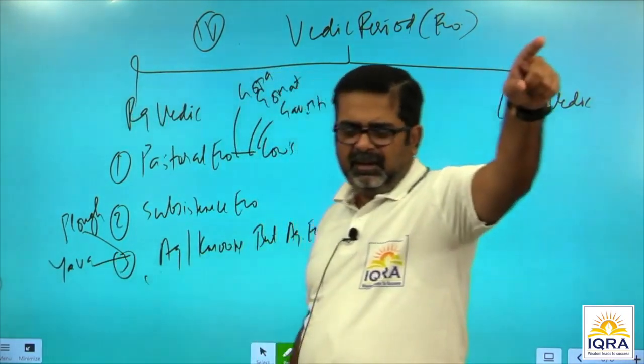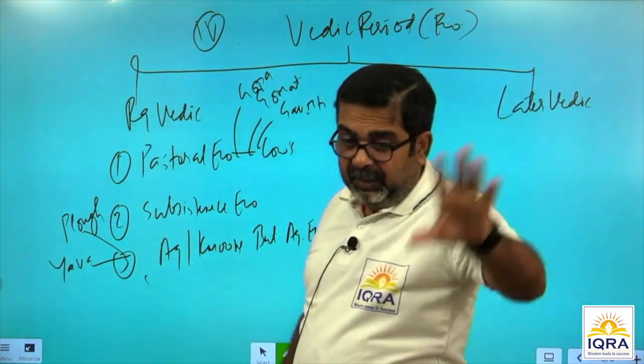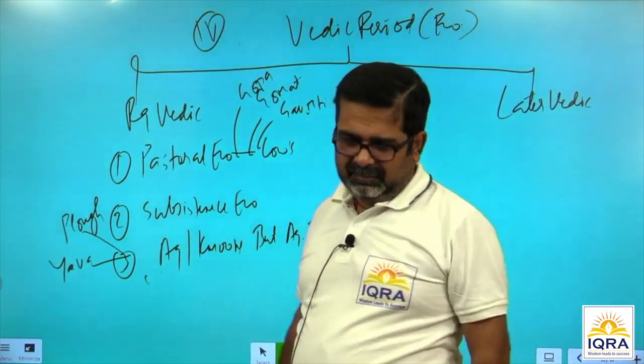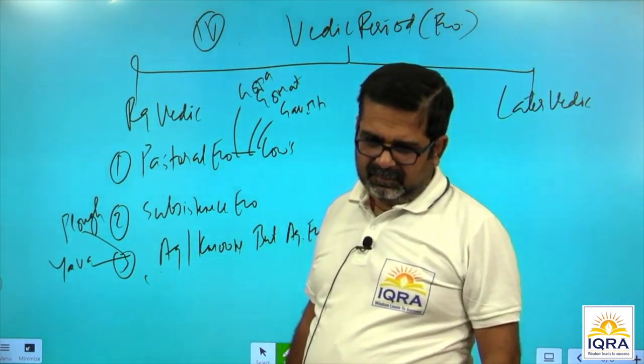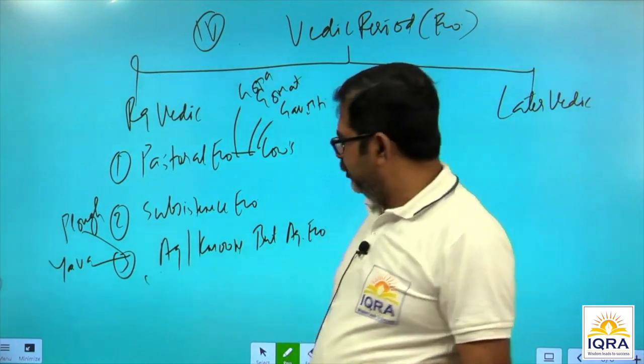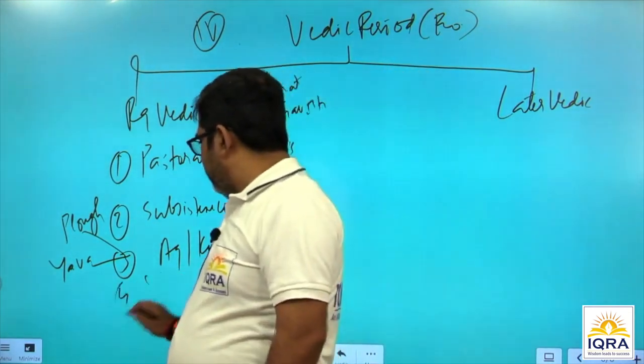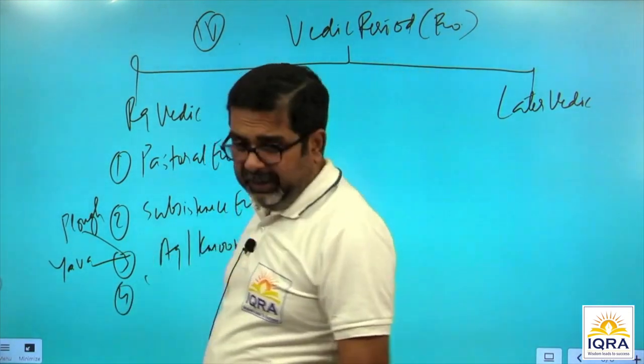In the Rig Vedic period, people knew agriculture, but agricultural economy is missing, and there was a subsistence economy.